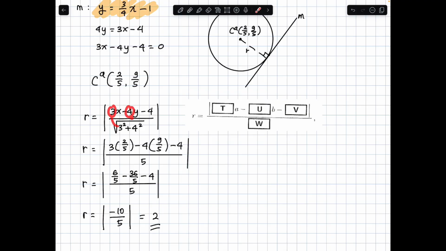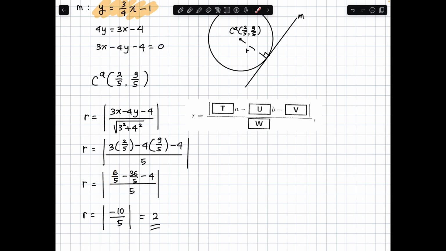Then I put the coordinates of the point that I need to find the distance for. Because the point is here, I just substitute the value of x into here and the value of y into here. Just very simple calculation.